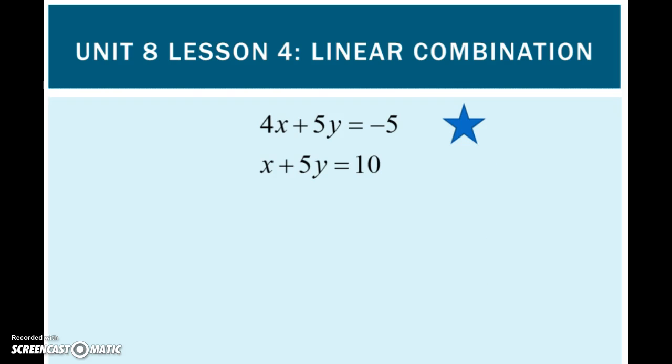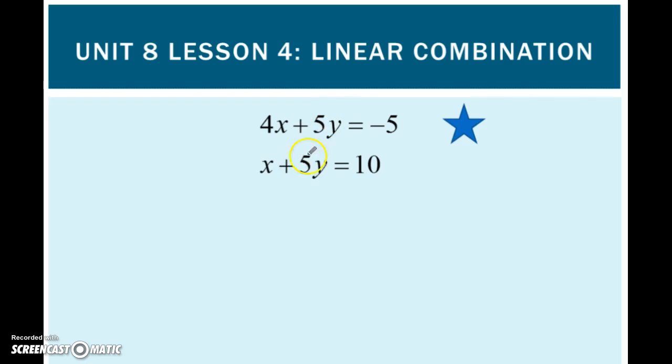One last example. Looking at this equation, we have 4x plus 5y equals negative 5, and x plus 5y equals 10. I don't see any opposites. Remember, in order for them to cancel out, they need to have opposite signs. But what I do see is this one is a 5y, and this one is also a 5y.